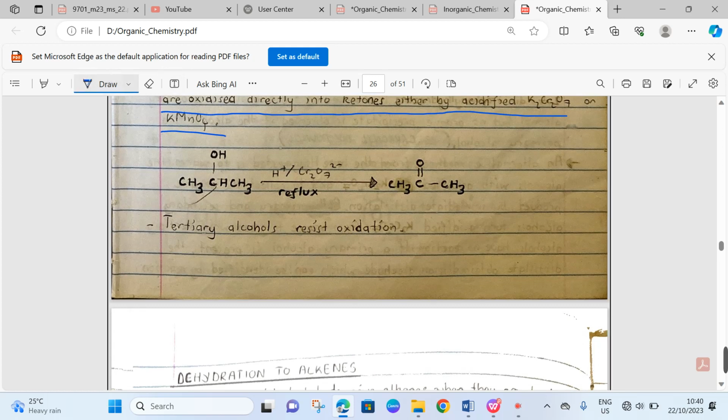Here the secondary alcohol, which is attached to two other groups, is oxidized to a ketone. That's all. Tertiary alcohols, on the other hand, resist oxidation. They are not oxidized in any way. So that's what there is to it.